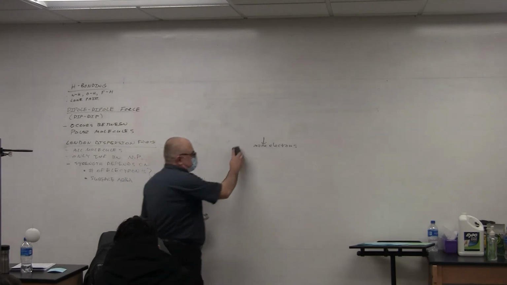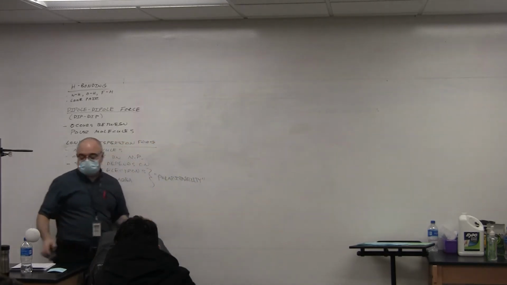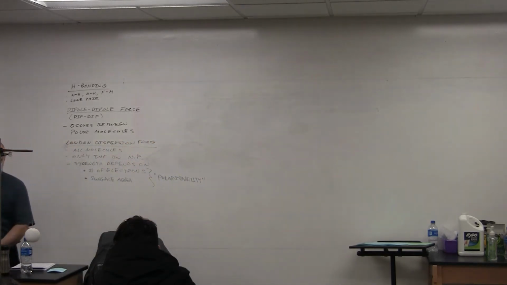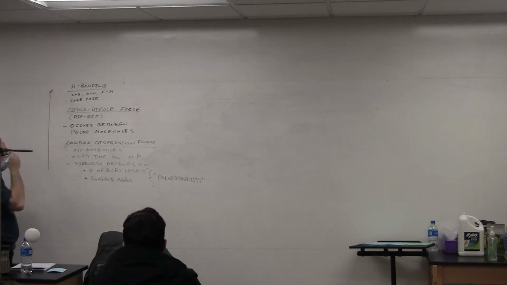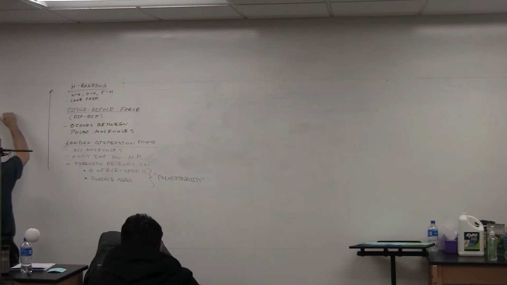Okay, so let's look at some applications of these and see if we can start drawing some conclusions. I think it's important to note that if we go up the list, and we have to be careful when we say this, this is only when we're comparing similar sized molecules.